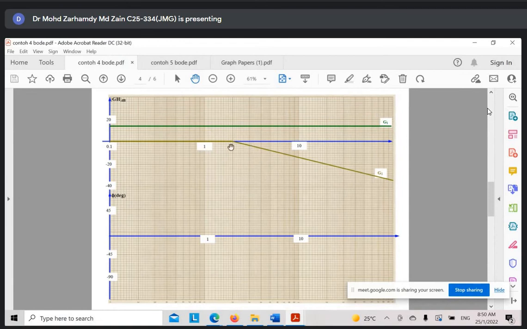So the 20 here, from here to here is one cycle. So one cycle finishes and then go to negative 20. For negative 20, we take how high it is, 20 here. So take it here with the ruler. So this is G2. So we have two lines, G1 and G2. Okay, any questions?